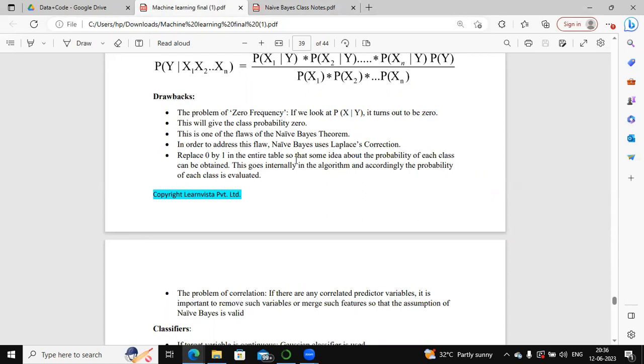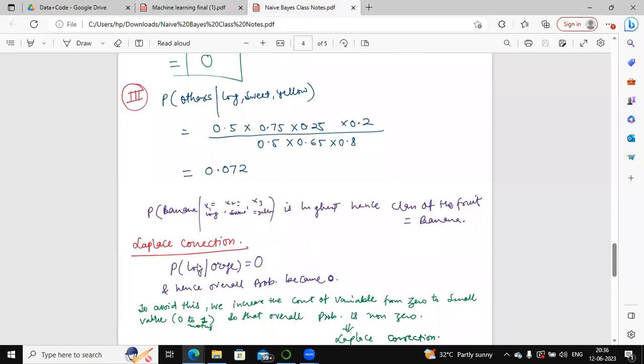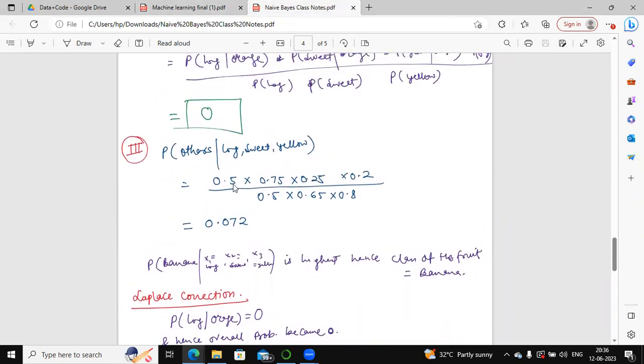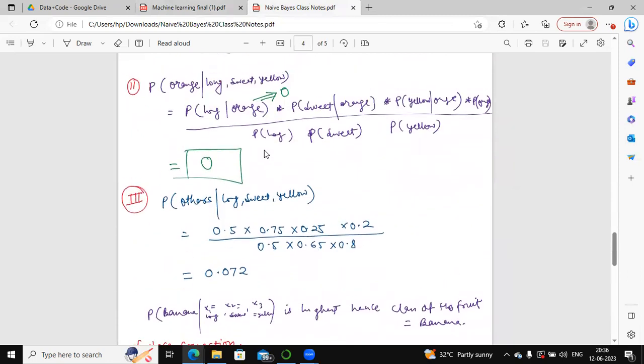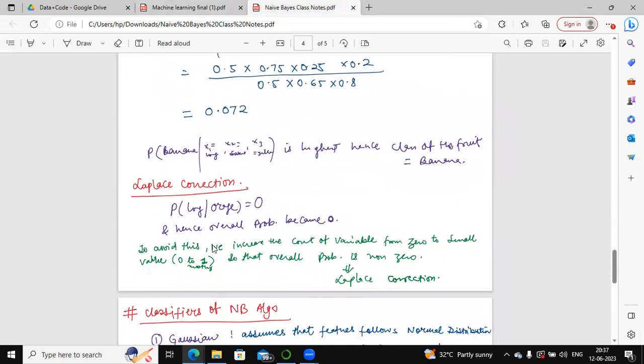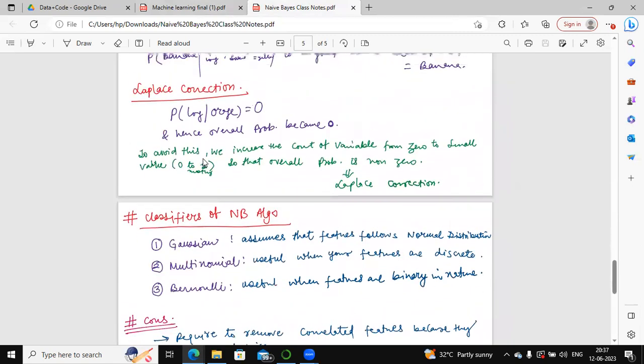In order to address this flaw, naive Bayes uses Laplace correction. So that's what we are going to discuss. Here, in Laplace correction, P of long given orange is equated to zero and hence the overall probability becomes zero. To avoid this, we increase the count of the variable from 0 to 1, so that the overall probability is non-zero.